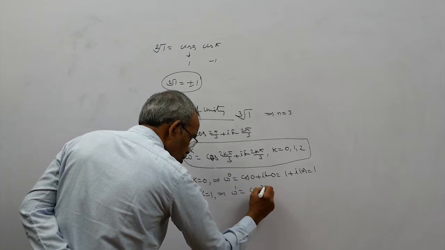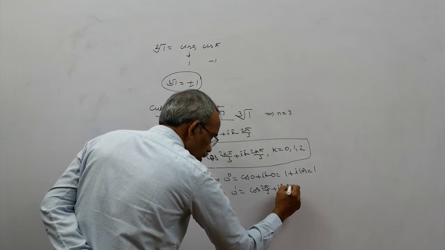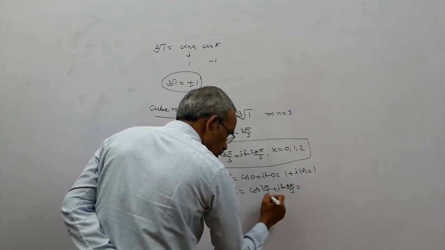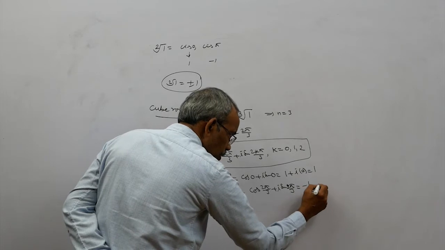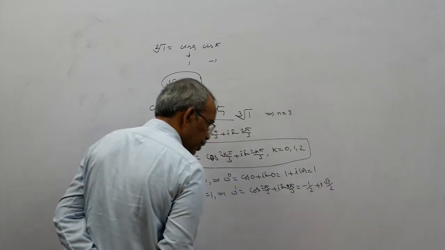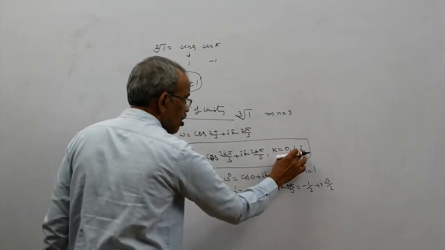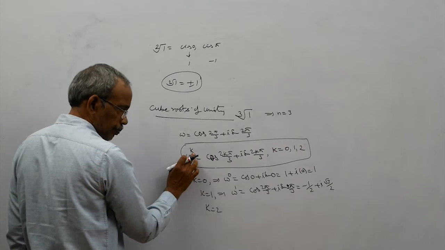Omega power 1 equal to cos 2 pi by 3 plus I sin 2 pi by 3. Cos 2 pi by 3 is equal to minus 1 by 2, sin 2 pi by 3 is equal to root 3 by 2.